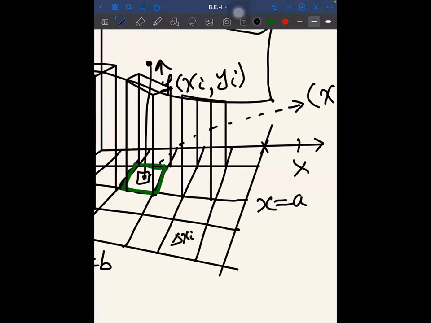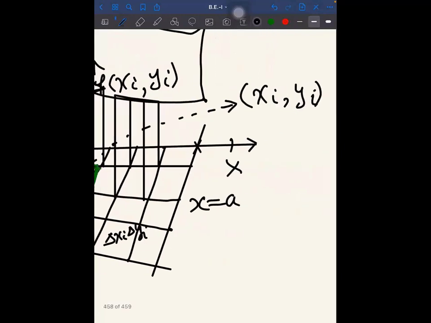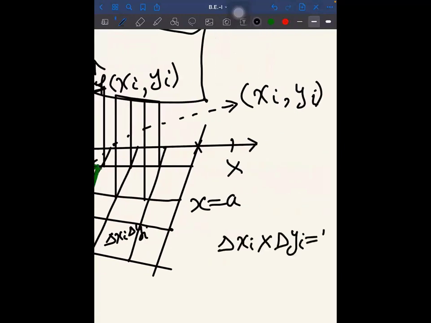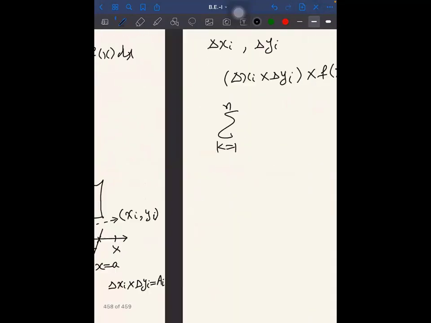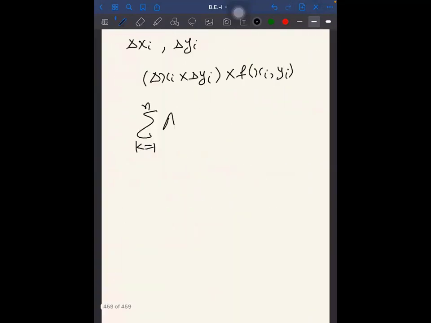Let's say we use a smaller notation over here and call it ai. So ai denotes the area of each rectangle. So how will volume get calculated? Ai times the height, and that would be nothing but f of xi, yi, right? That is something we call a volume, and let's say we call it Vn.